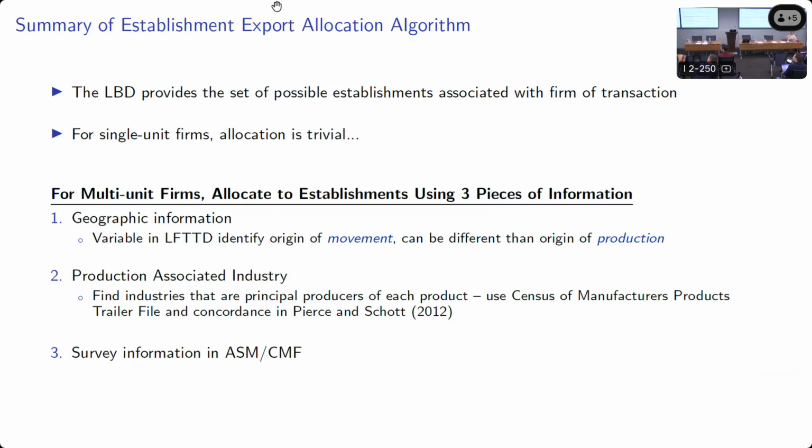Agriculture particularly is going to have this issue with the origin of movement, origin of production, because there's going to be warehousing and consolidation of shipments, so for now, we don't have it in here. It's kind of nice to present an algorithm too, because we could improve on it, and other researchers could also improve on it. But that's because the LBD only has non-farm stuff.